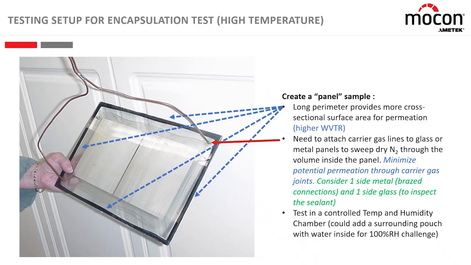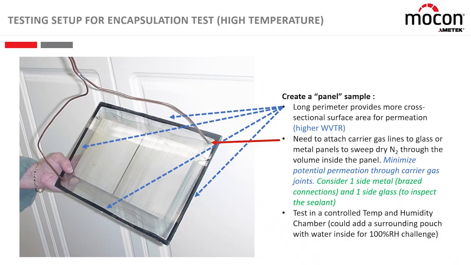That way you can still visually see how your sealant looks and make sure that there's no gapping or any problems with this adhesive that you have inside there. So that's a good way to do it. And then you'd put this whole piece in a controlled temperature and humidity environment. Again, if you only have an oven or a temp chamber, you could put a bag around this with a bunch of wet sponges to generate 100% RH that would then challenge through here.